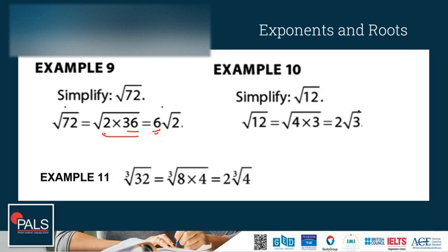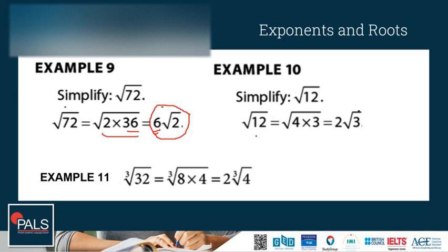Then square root of 2 doesn't have a whole number answer. So the simplified form is 6 square root of 2.